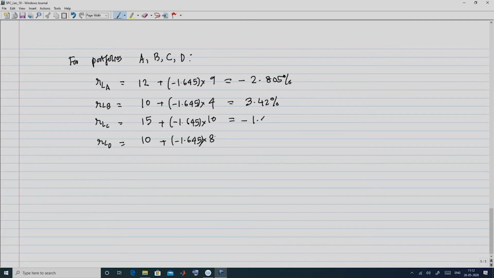This is minus 1.45% and this is minus 3.16%. All right.